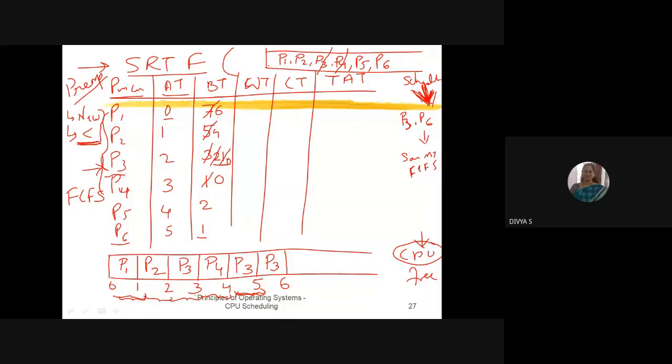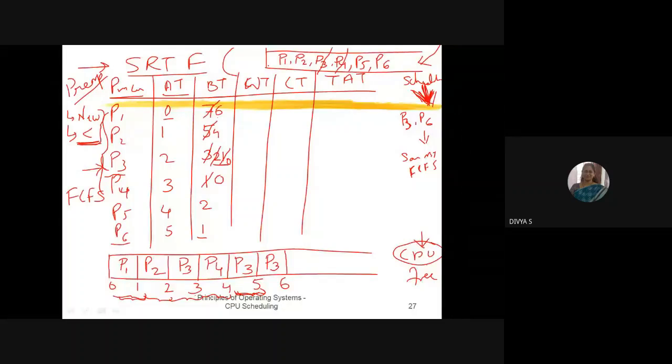Done. Now, if you look at this queue, which processes are available and waiting for execution? P1, P2, P5 and P6. And what are the burst times? 6, 4, 2, 1. Clear.